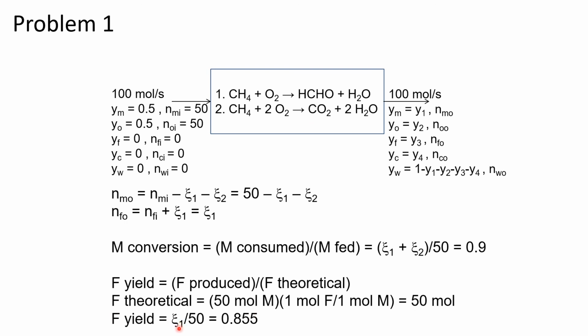So the yield is the formaldehyde produced, which, if we look at the expression for formaldehyde out, is formaldehyde out minus formaldehyde in. That's equal to Xi1. So the formaldehyde produced is Xi1. We divide that by the theoretical amount, 50, and set that equal to 0.855, 85% yield. This is an equation we can solve for Xi1.